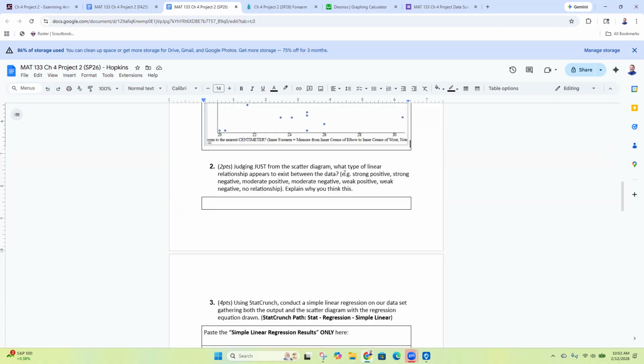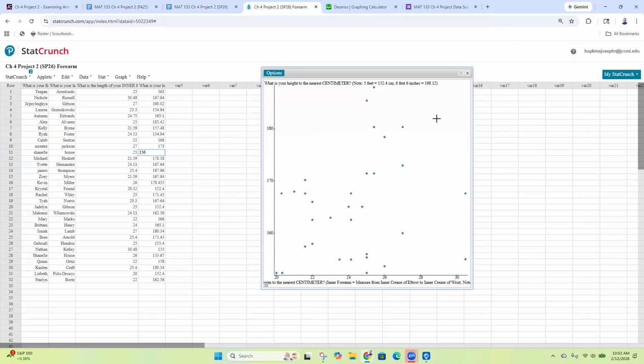Judging just from the scatter plot, what type of linear relationship appears to exist? Strong positive, strong negative, moderate, weak positive, weak negative, no relationship. What do you think? Well, it looks like my dots are not lined up in a straight line, so I don't think it's strong.